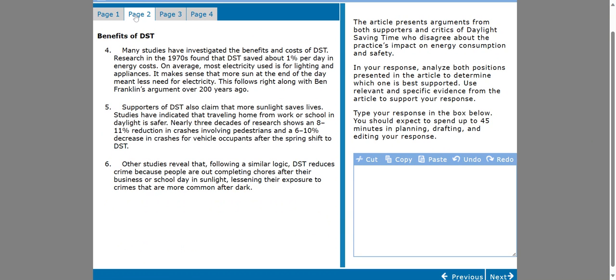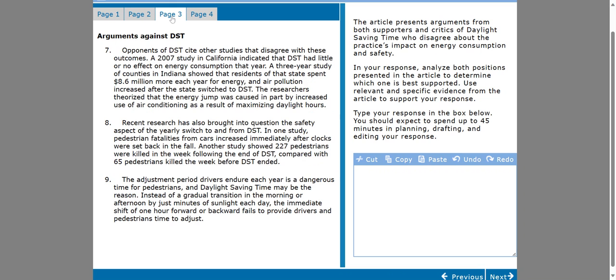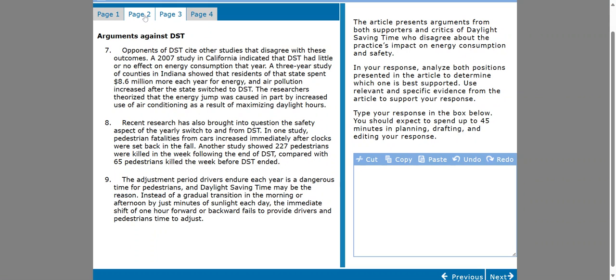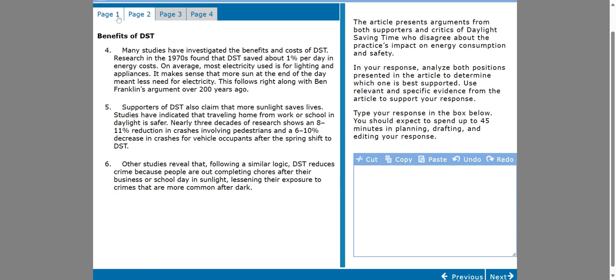If I click over to page 2, then we move into a different heading, which looks at the benefits of DST. If I go to page 3, I look at the arguments against DST. And then if I go to page 4, I see paragraph 10, again, referring back to the arguments against DST.